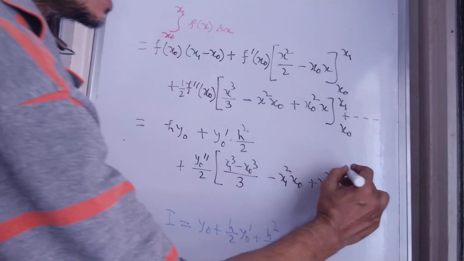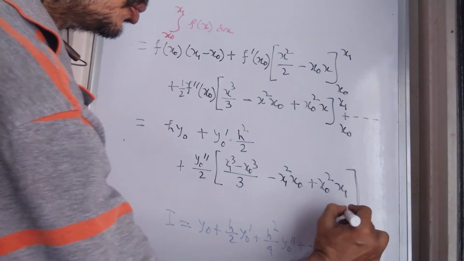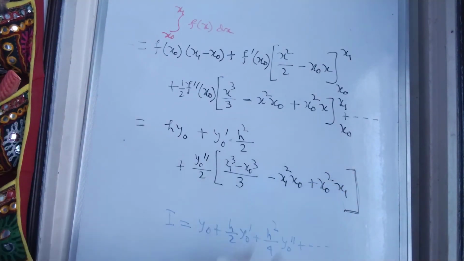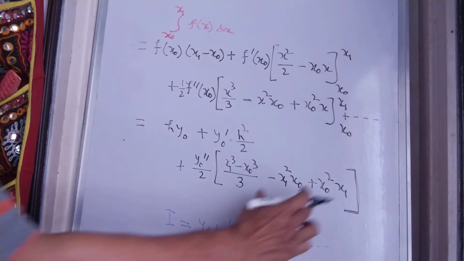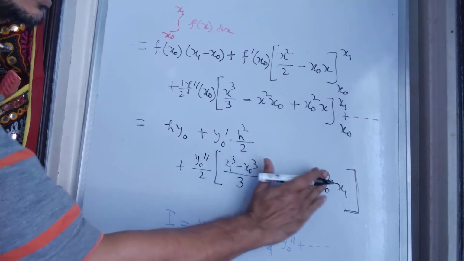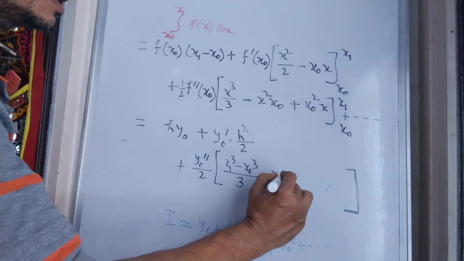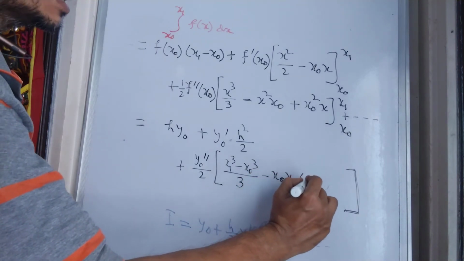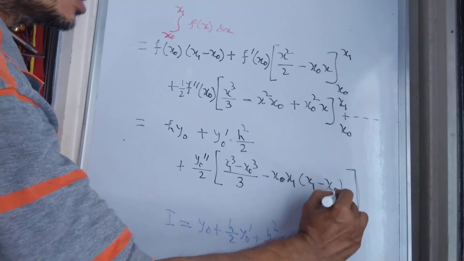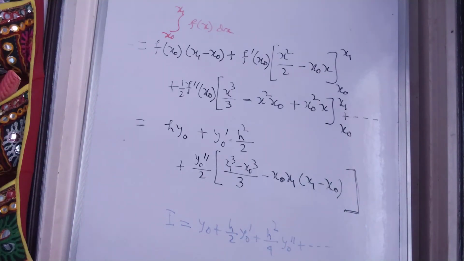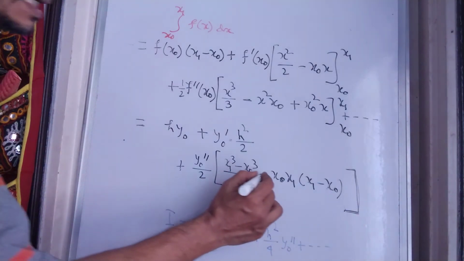Okay, now we again should take x0 x1 common, minus x0 x1 common from these two terms, isn't it so? So if you take minus x0 x1 common from these two terms, it becomes x1 minus x0. It's quite clear.